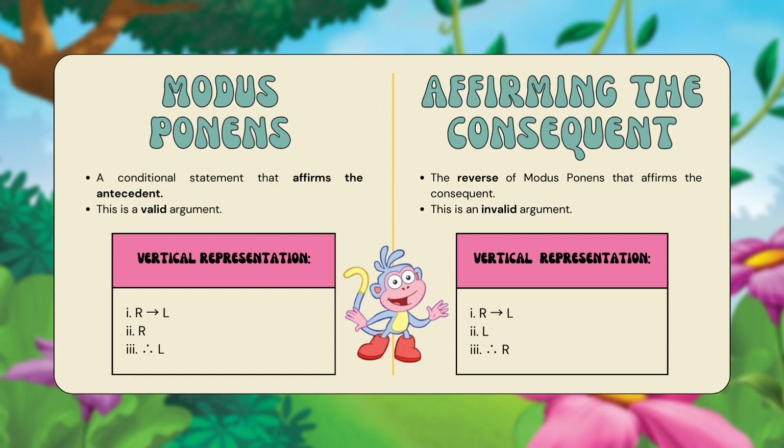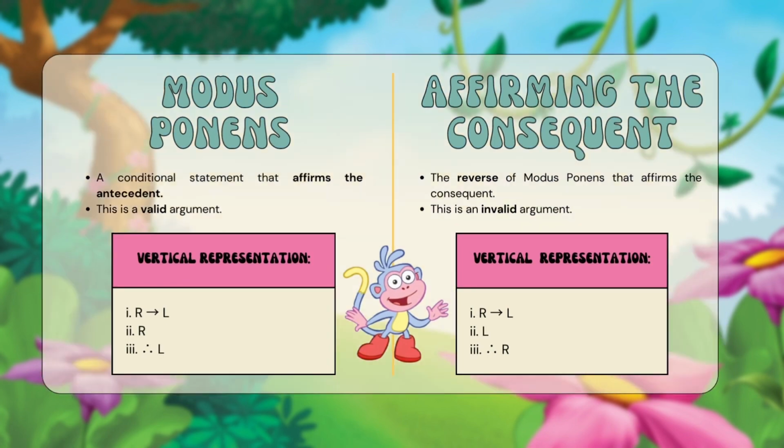The first premise is if R then L, the second premise is R, the conclusion is therefore L. From the argument structure of modus ponens, you can see that the second premise affirms the antecedent. However, the reverse of modus ponens, called affirming the consequent, is an invalid argument. This is depicted as, the first premise is if R then L, the second premise is L, the conclusion is therefore R.